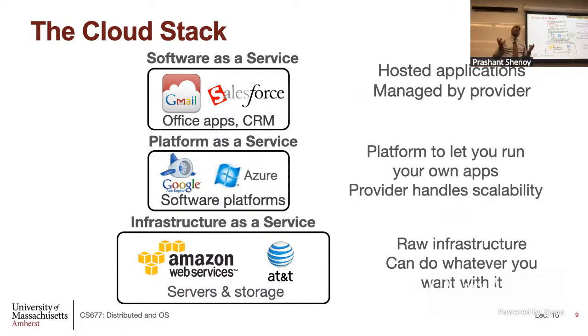But then the question is, what is it that you actually get from this cloud platform when you as a user or a customer want to get resources from the cloud? Cloud resources come in different flavors, and this slide talks about 3 very important ways you can lease capacity or resources from the cloud.